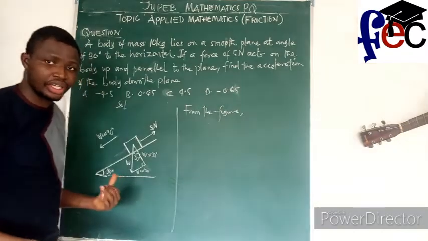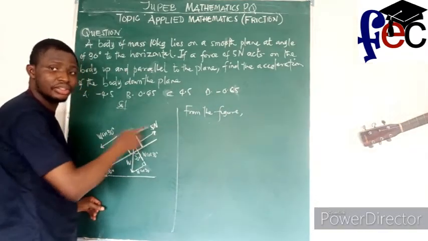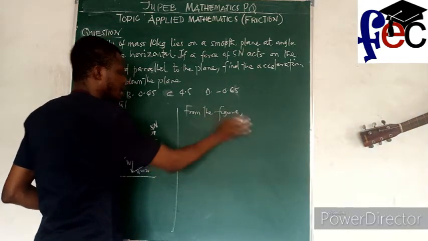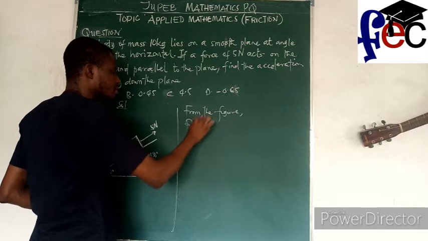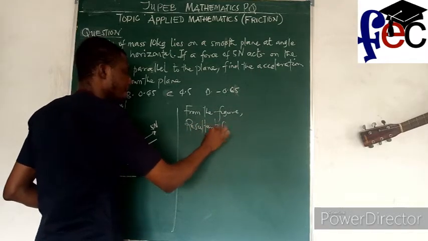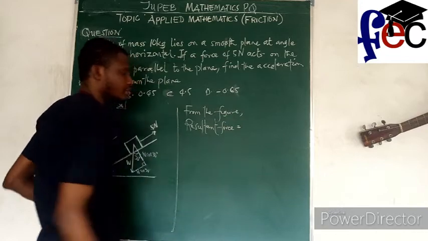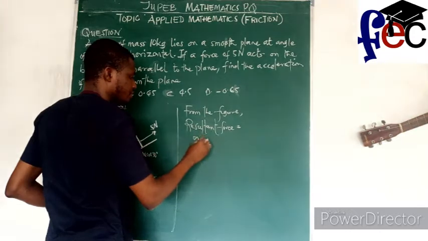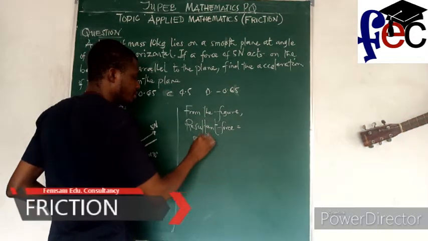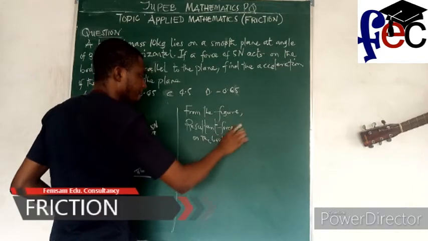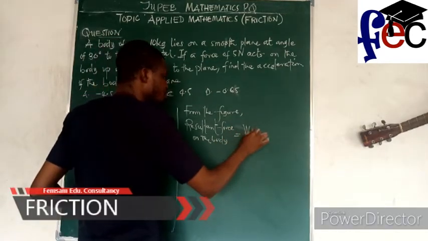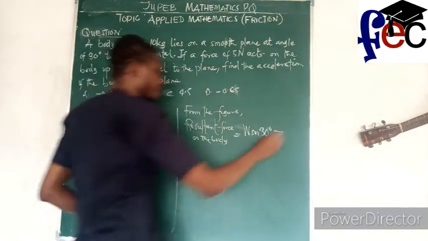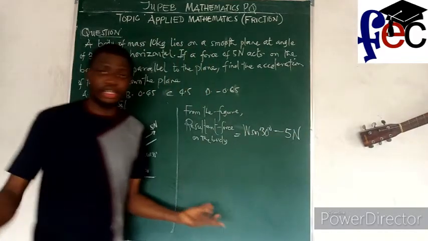Now I can say that from the figure that I've sketched, the resultant force acting on this body is going to be what? Resultant force on the body is equal to W sine 30 degrees minus 5 Newton, because there's no friction.